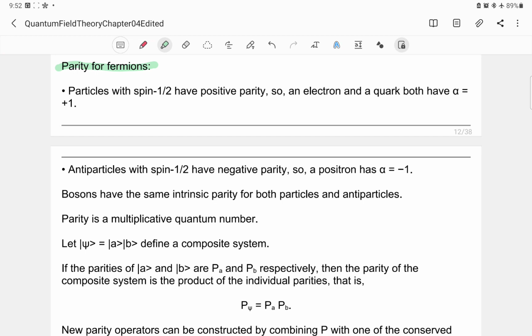So an electron and a quark both have alpha equals positive 1, and their antiparticles would have negative 1. For bosons, you have the same intrinsic parity for both particles and antiparticles.